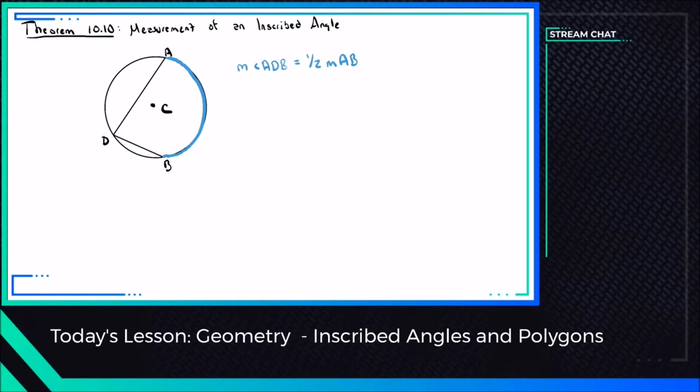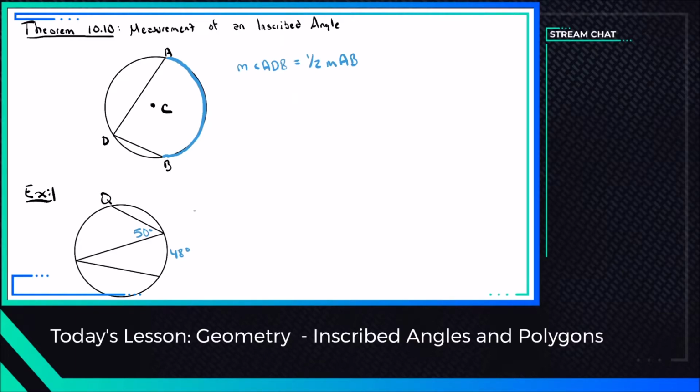So why don't we put that to use now in an example? If we draw ourselves a circle, and we go ahead and draw the angle like so, I'm going to throw some measurements out here. So this inscribed angle is going to be 50 degrees, and this inscribed arc is going to be 48 degrees. It'd be helpful if we had some labels.